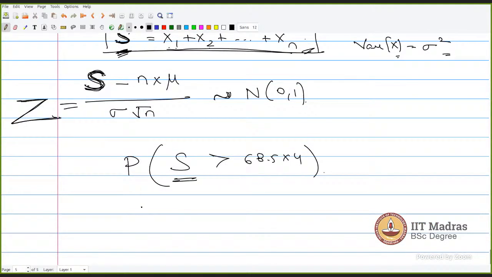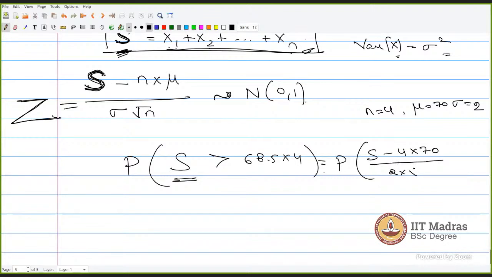So this equals the probability that S minus 4 times 70 divided by 2 times root 4, since n is 4, mu is given as 70 and sigma is given as 2.